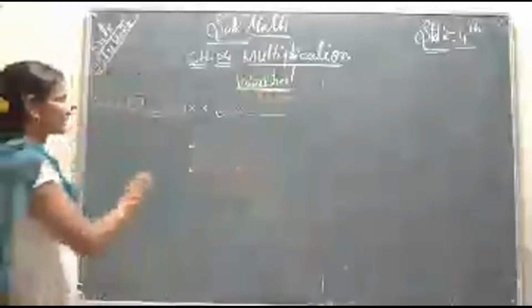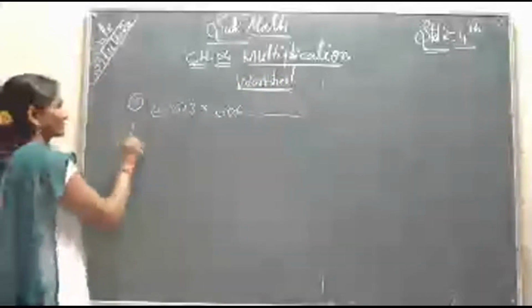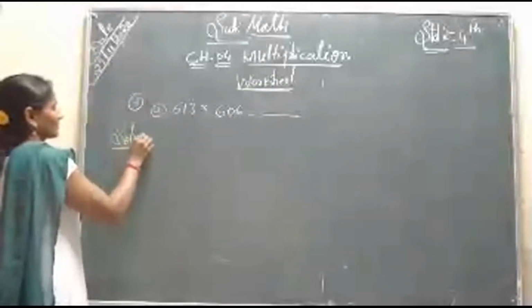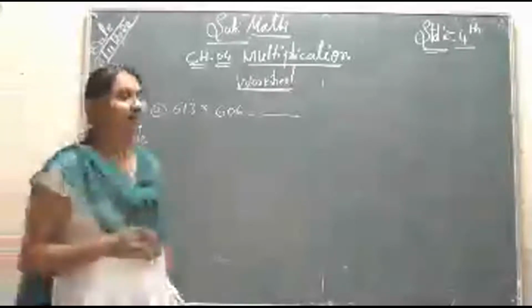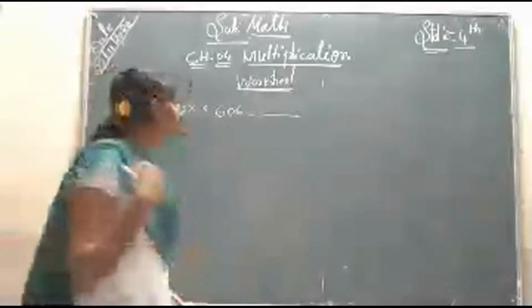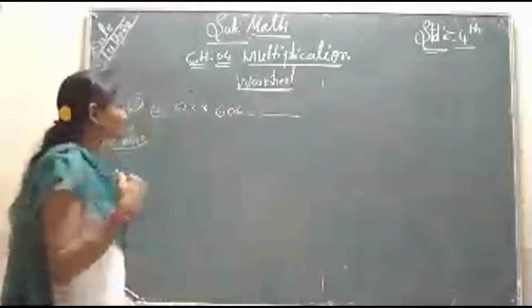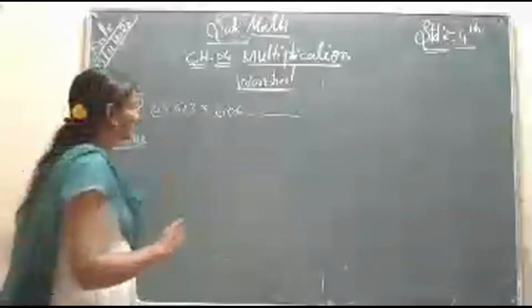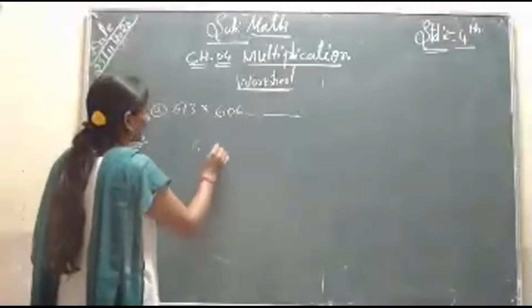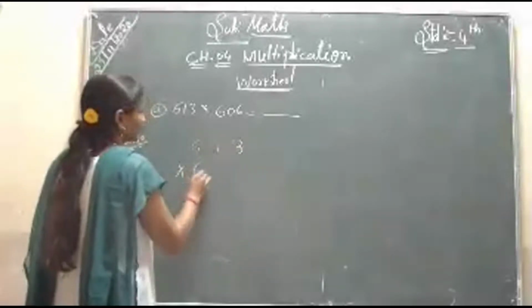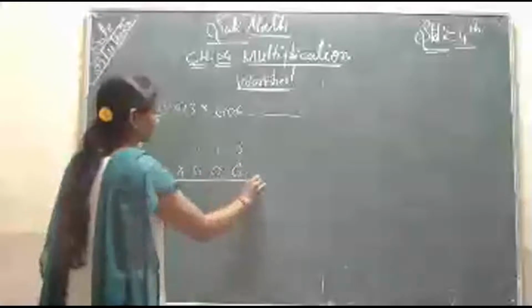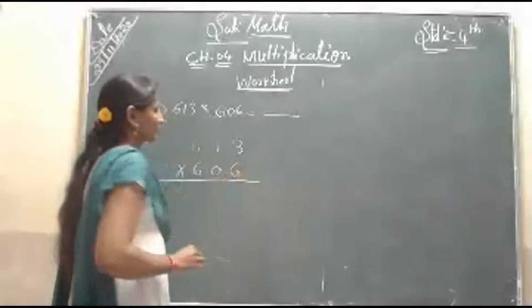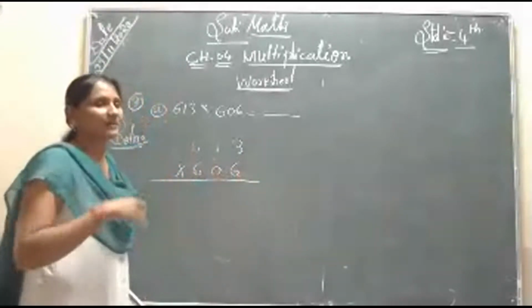Students, you have already followed some exercises that I already solved. So what is the first step, students? The first step is you have to arrange the numbers. 630 into 606. Students, first you have to multiply in places.